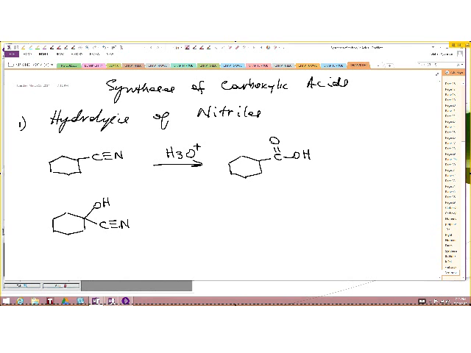If you want to hydrolyze this here, because of this hydroxy group, in the presence of a dilute acid, what you want to do here is to hydrolyze this in basic medium.